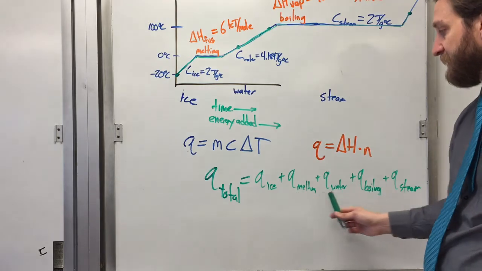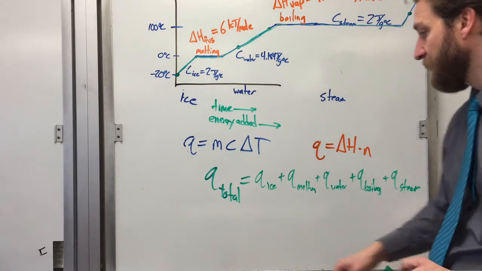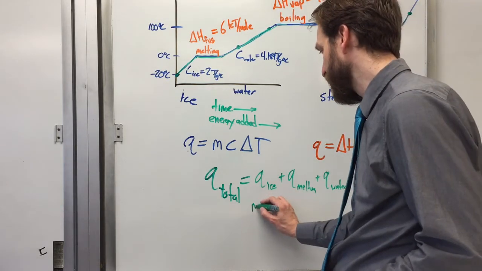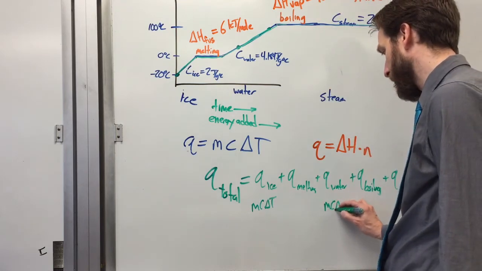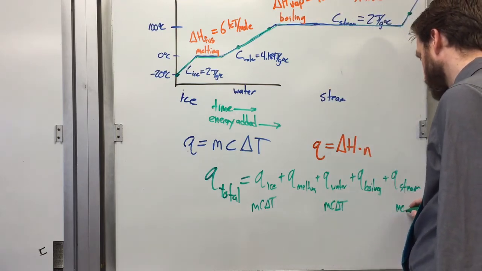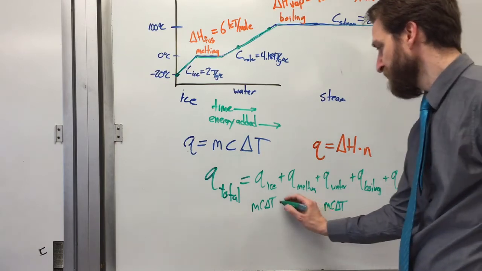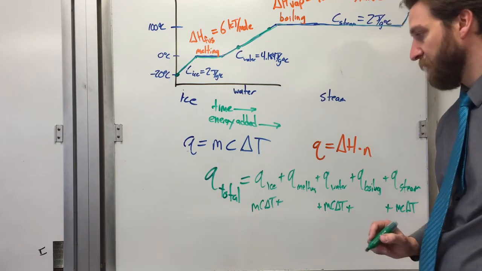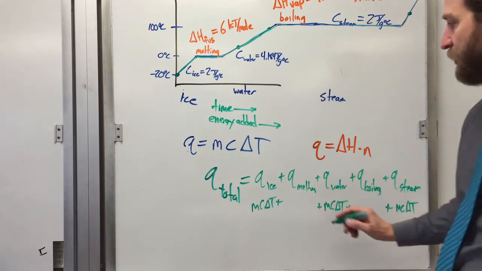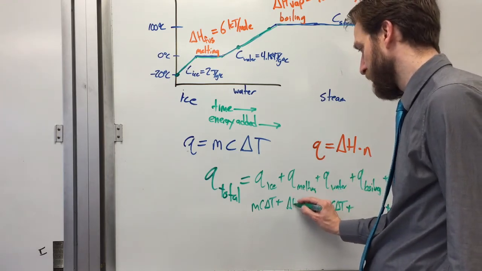Now the ice, the water, and the steam calculations are going to be mcΔT. The melting and boiling are going to be ΔH times n.